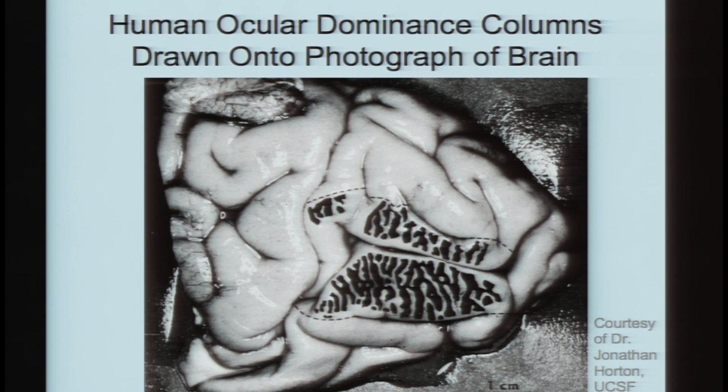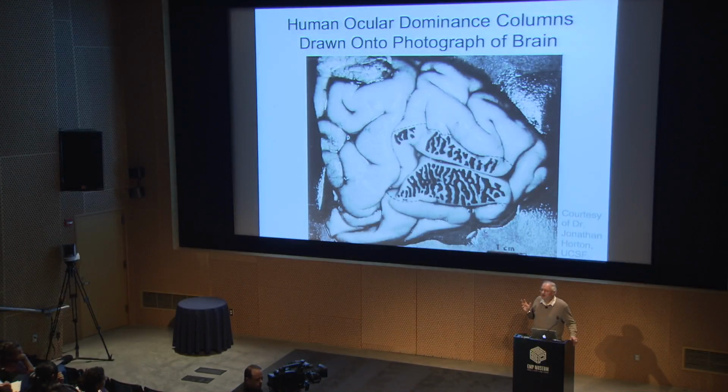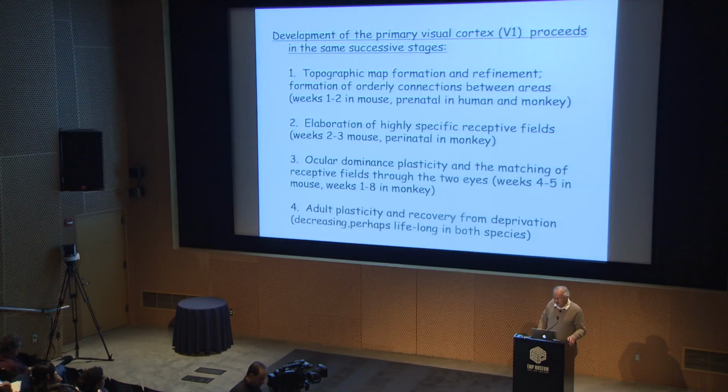But even Dr. Horton, who spent much of his career studying ocular dominance columns, in the end concedes, as I have, that it's the pattern of connections onto individual neurons, it's the responses of those neurons, which is specifically important, and not the millimeter scale organization of these columns, because mice and the rodents lack them.